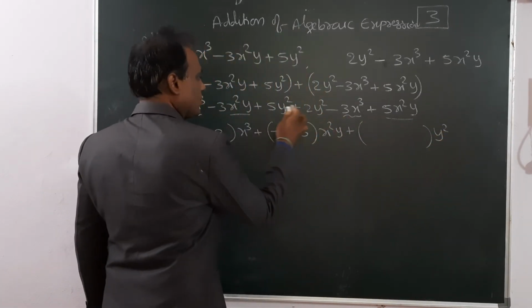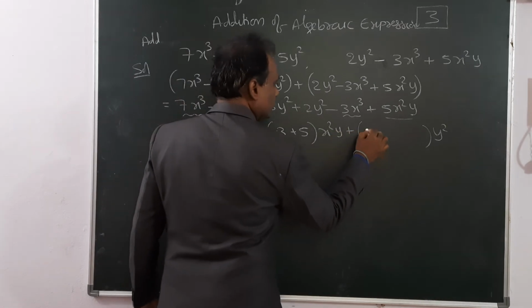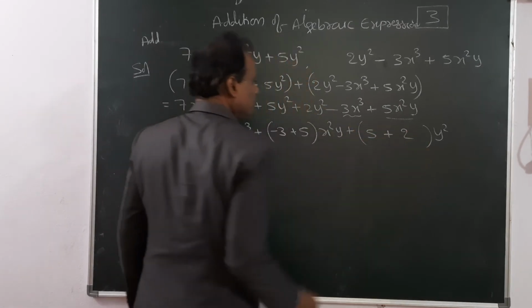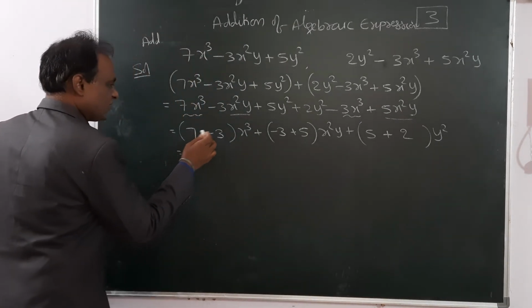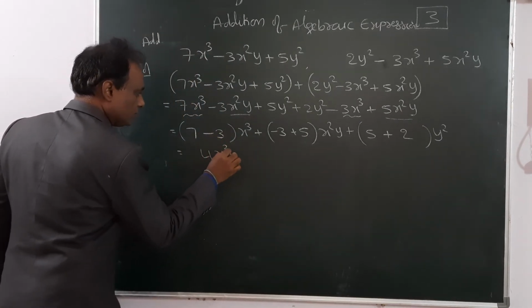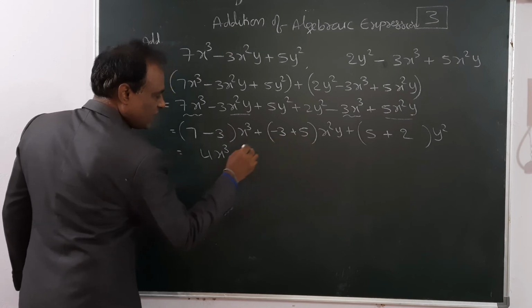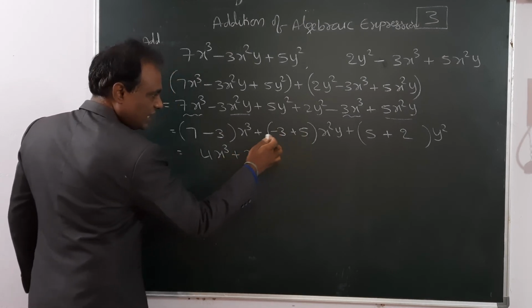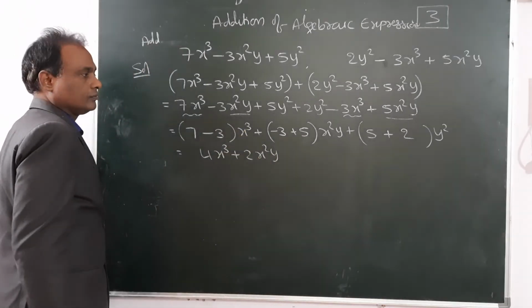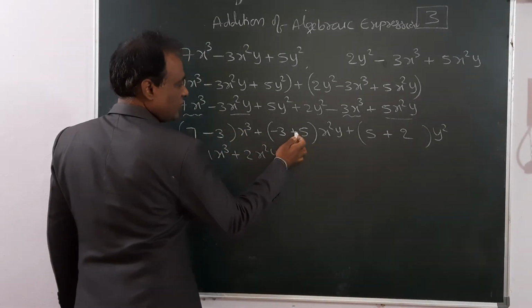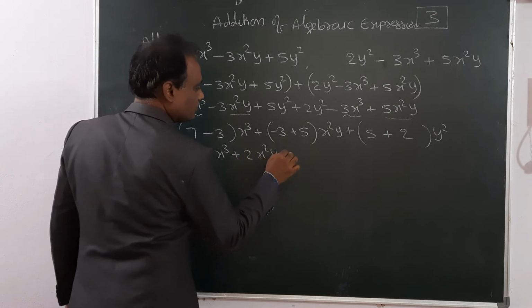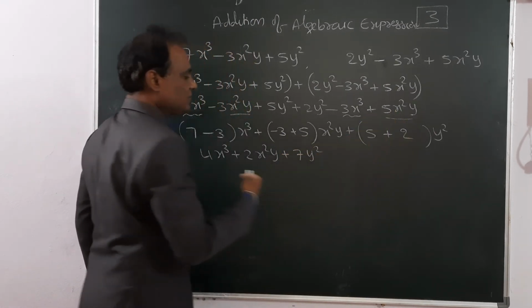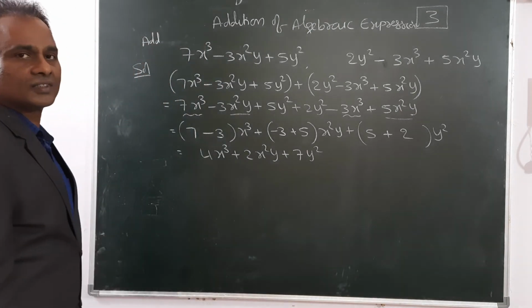What will remain? 5 plus 2. 7 minus 3 is 4. 5 minus 3 is 2. Plus is greater, so we get a plus answer. 5 plus 2 is 7y square. Like this.